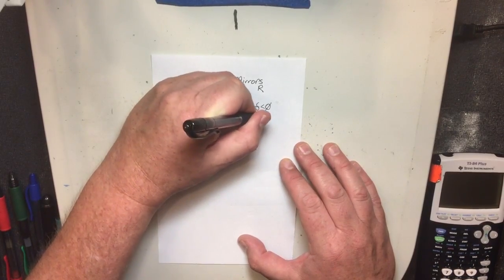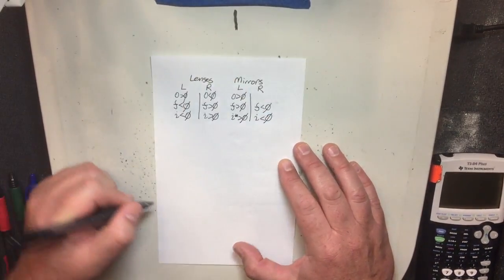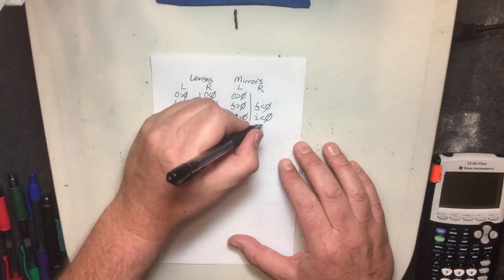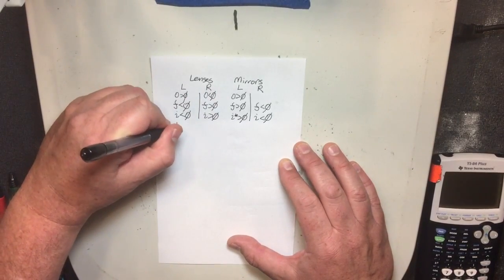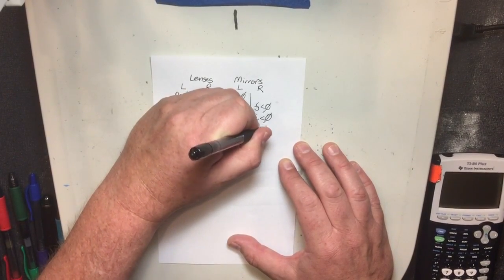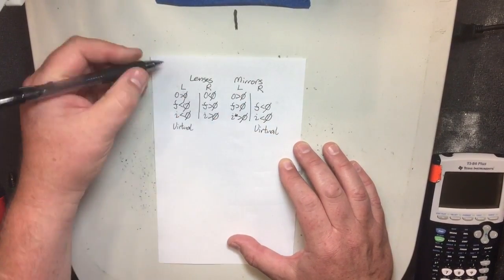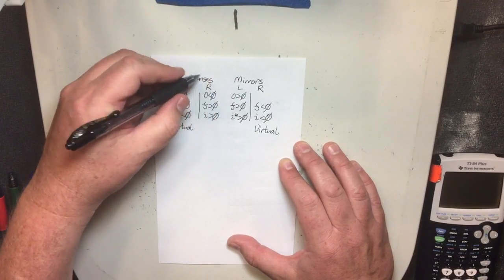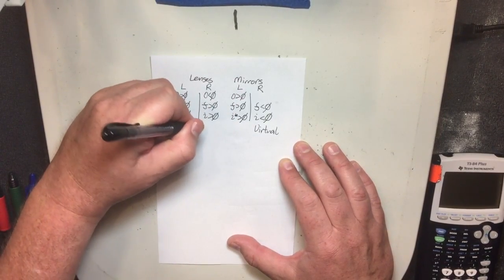If an image is to the right, it is less than 0. Images to the left of lenses and right of mirrors are virtual. Images to the right of lenses but left of mirrors are real.